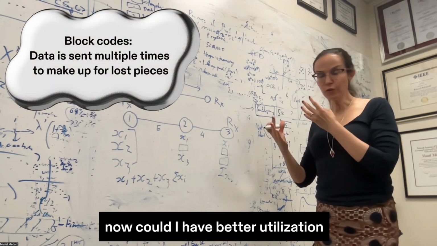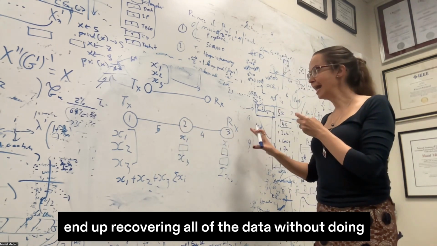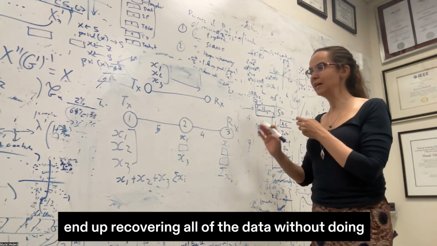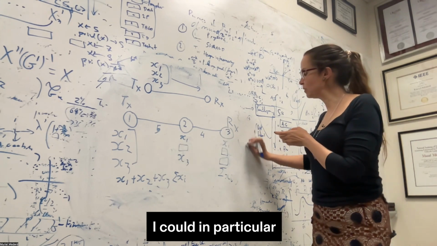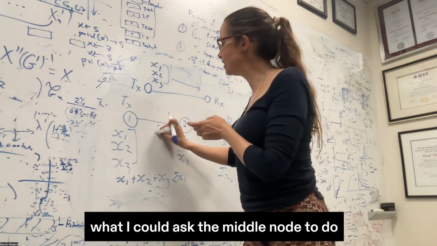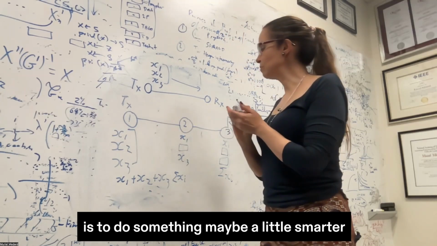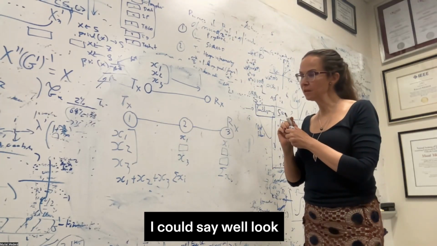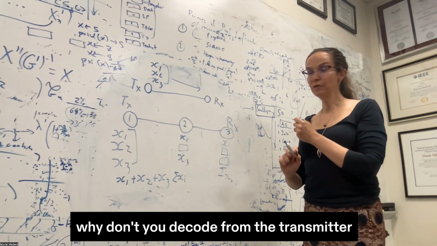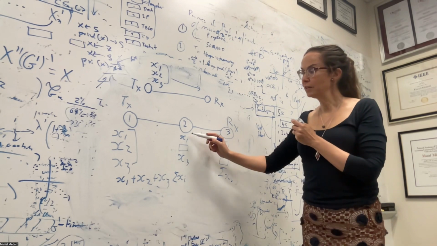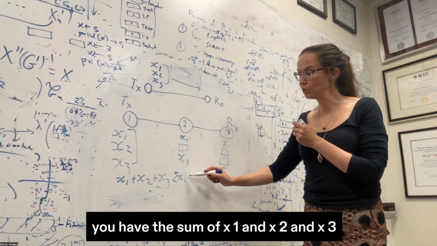Now, could I have better utilization, so somehow end up recovering all of the data without doing that many transmissions? Well, I could. In particular, what I could ask the middle node, node 2, to do is something maybe a little smarter. I could say, well, look, why don't you decode from the transmitter? You have x1, you have x3, you have the sum of x1, x2 and x3.